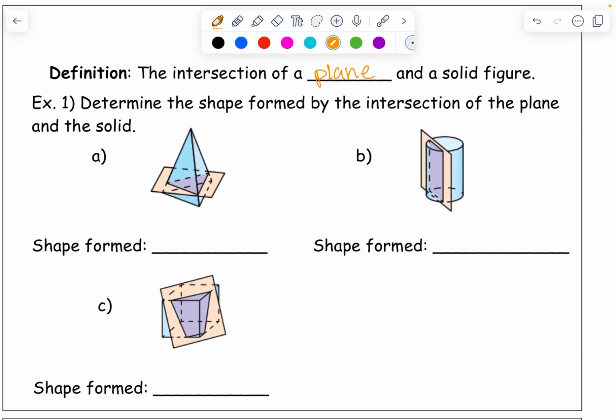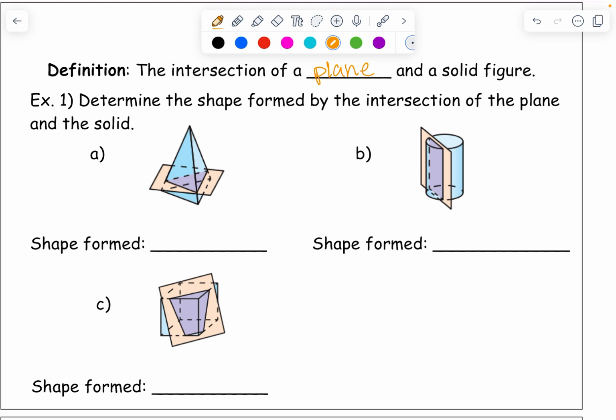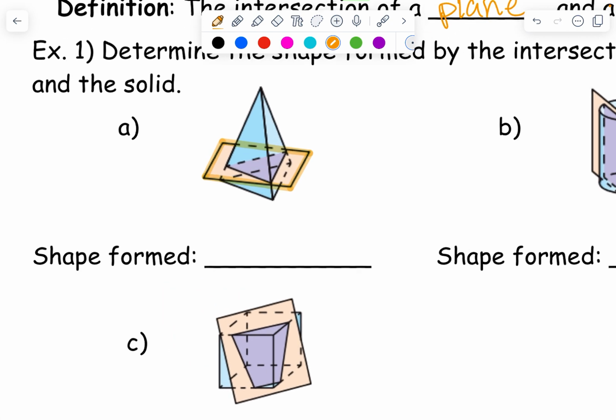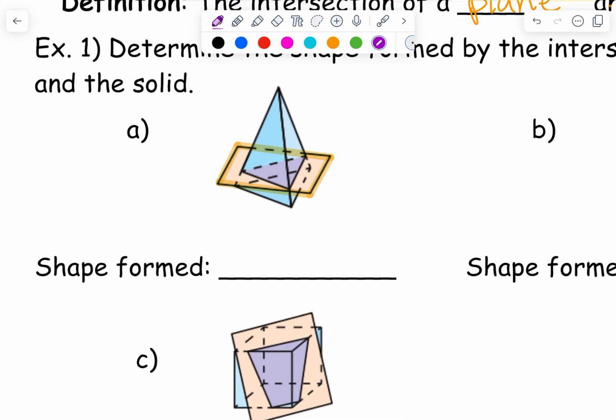Looking at example 1, it says determine the shape formed by the intersection of the plane and its solid. Our plane is this orange sheet of paper that is cutting this shape. It's cutting it horizontally, but it doesn't have to. We are looking at the image it shows on the plane.